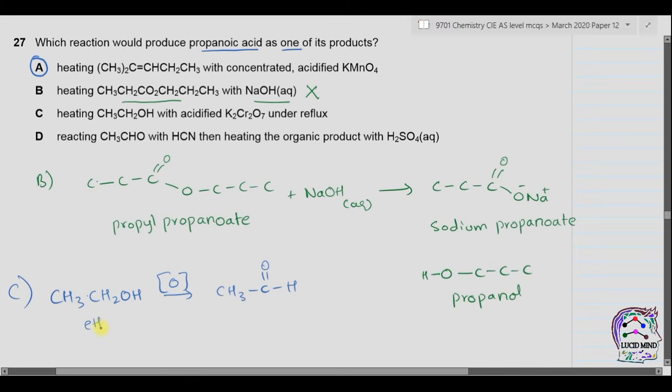So ethanol to ethanal. Neither of the products is propanoic acid, so C is also an incorrect option.